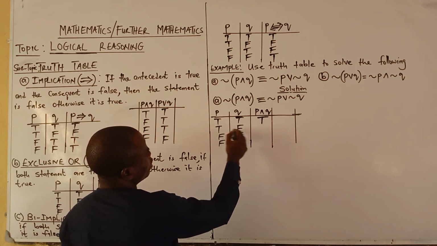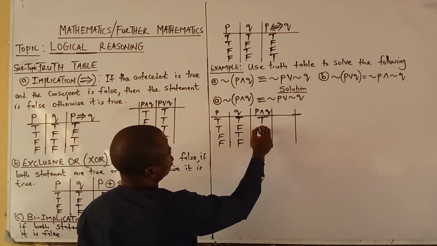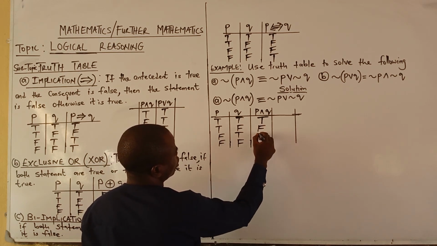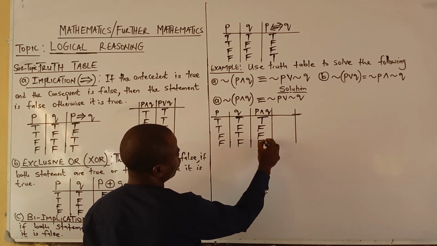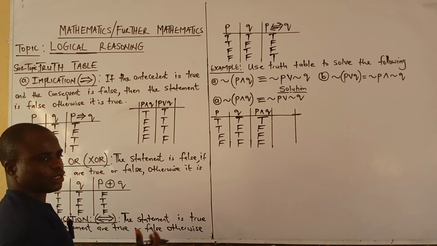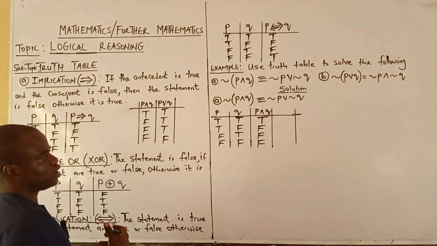When you have true and false, it will be false. False and true will be false. False and false will be false, because false affects true in AND.